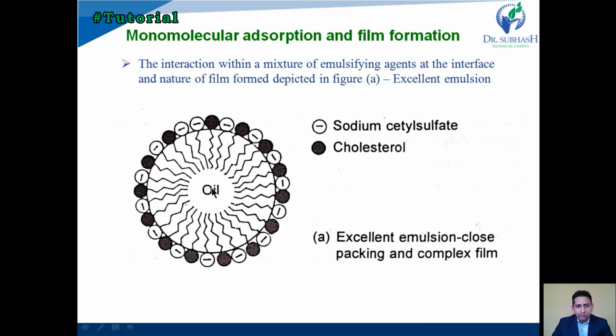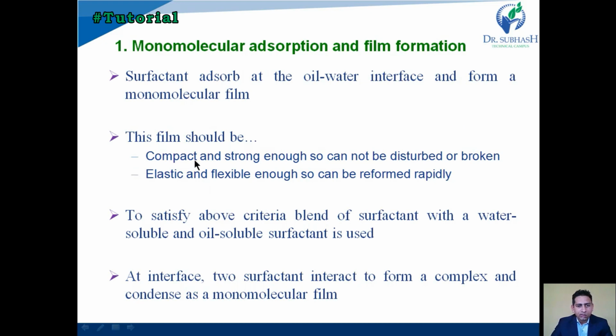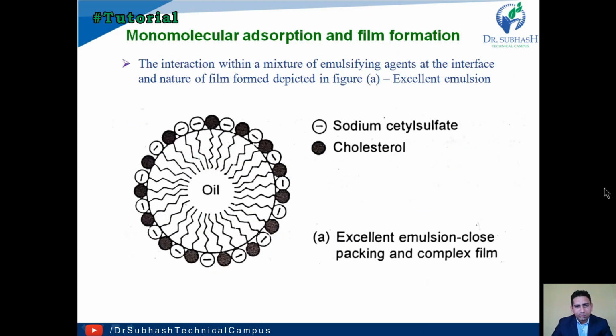This satisfies both criteria. The film is compact and strong enough so it cannot be disturbed or broken, and it is elastic and flexible enough so it can be reformed rapidly. When such an emulsion is prepared, we can say it is an excellent emulsion.